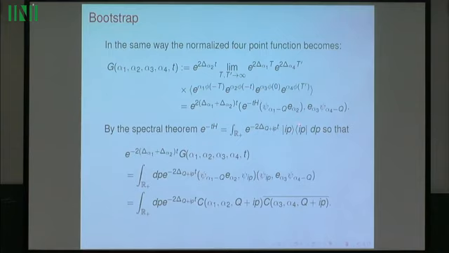So once you plug that in, the 4-point function factorizes as a product of two 3-point functions, and you end up with a formula like that. So in the mini superspace model, the bootstrap is just a very simple calculation like this. The 4-point function can be factorized as a product of 2-point functions and summed over the spectrum, which here is continuous, so there's an integral over the spectrum.